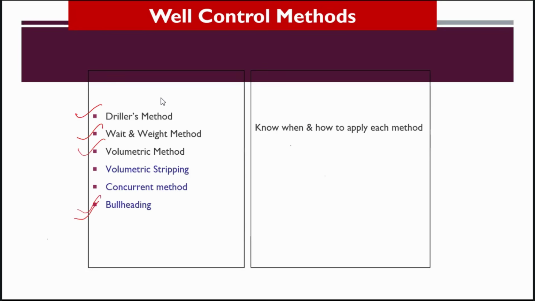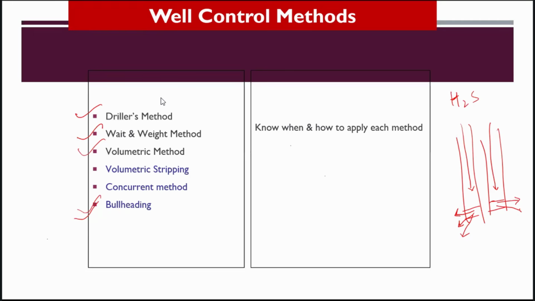And bullheading means if you have any toxic kick, if there are some toxic gases like H2S, you cannot allow this gas to come to surface. So if a kick happens and it contains H2S gas, you bullhead, which means you apply pressure on the formation such that all this influx is squeezed inside the formation again.